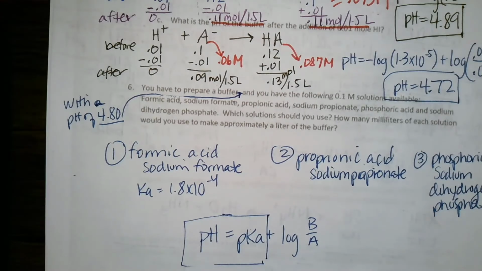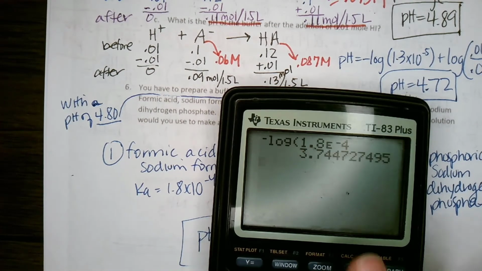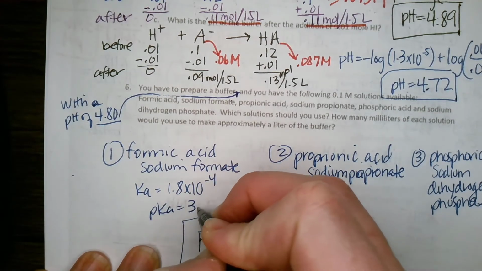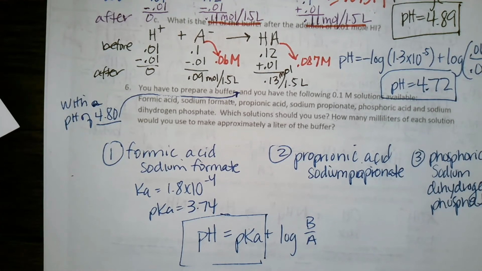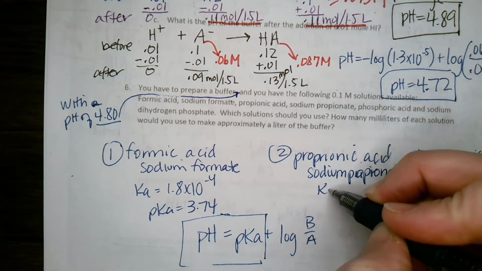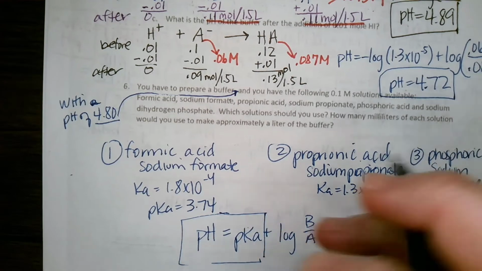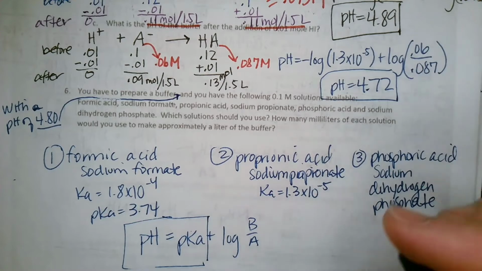So our pKa, the negative log of 1.8 times 10 to the negative 4, is 3.74. Let's look up propionic acid. On my appendix, propionic acid, we just used that up above, didn't we? So the Ka is 1.3 times 10 to the negative 5th. And we just did that math. 1.3 times 10 to the negative 5th was 4.89.